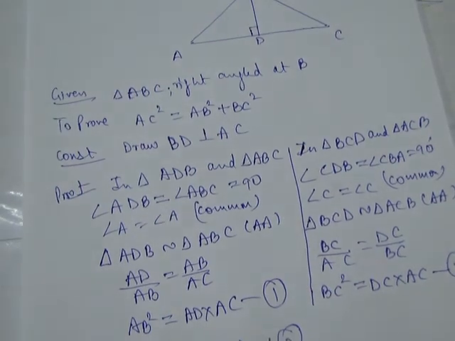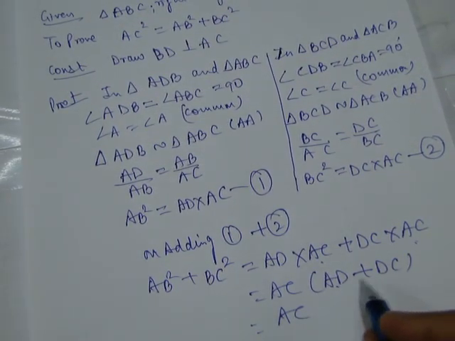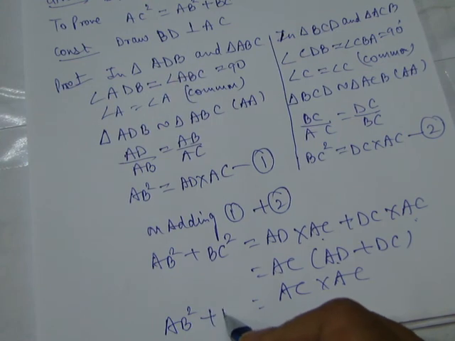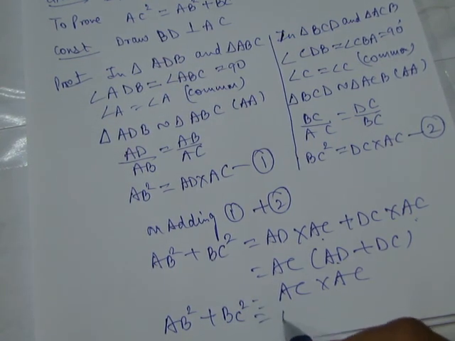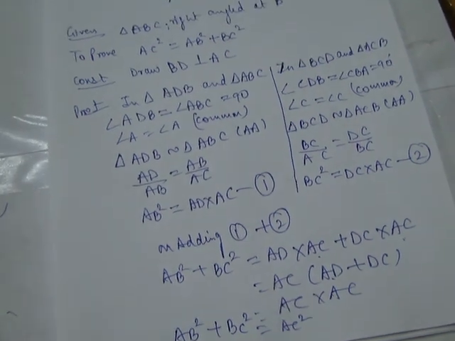So we'll write that AD plus DC is AC. So we will get AB square plus BC square equal to AC square. In this way, this Pythagoras theorem is proved.